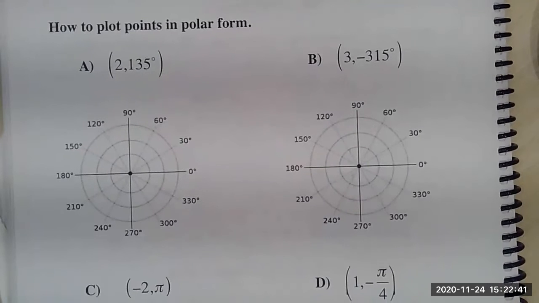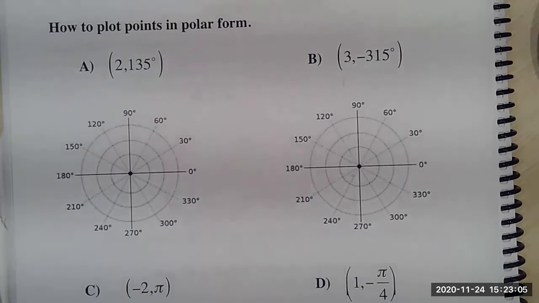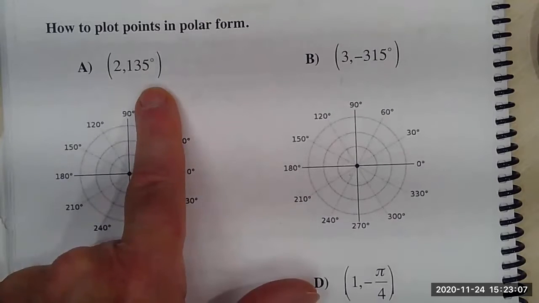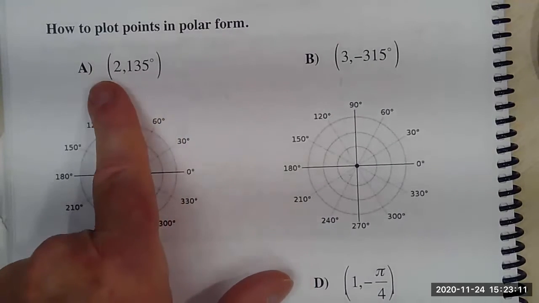There'll be some problems in your homework that say plot the point. In your notes, I'm going to recommend, suggest, that's soft-pedaling it, I'm going to force you to always do it this way, because then you won't get yourself in trouble. Do the angle first, then do the R. Don't do the R and then the second piece.